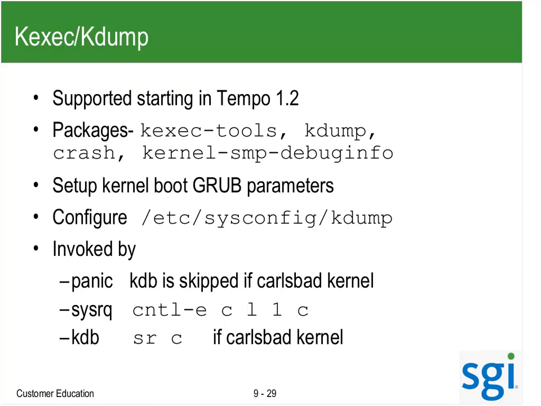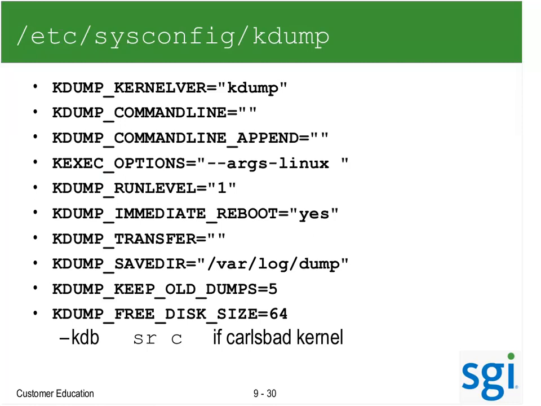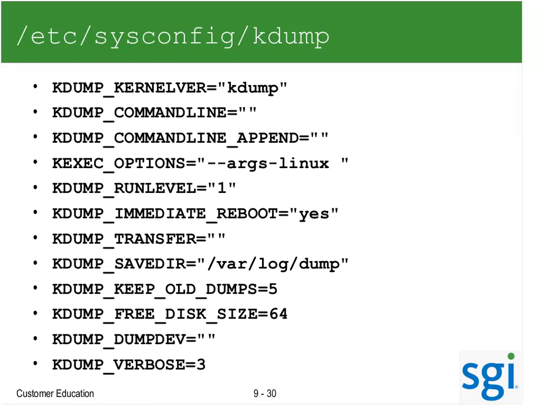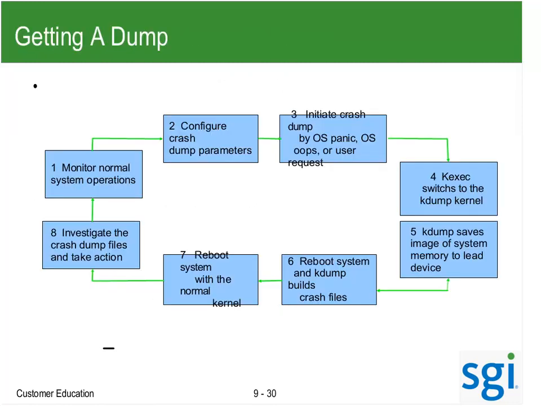By the way, right now kdump kexec is not working on Ultraviolet. You can also get a dump through a sysrq or get it through KDB and do a SR space C. 930 is just showing what /etc/sysconfig/dump would look like.